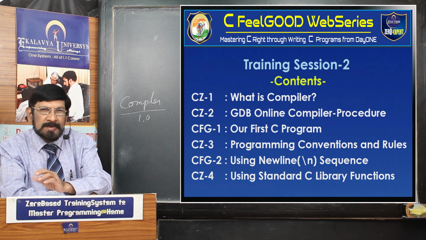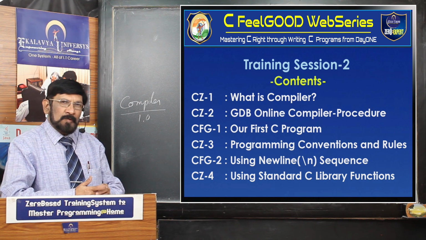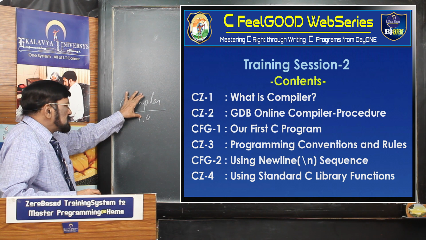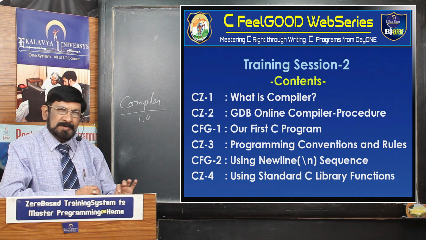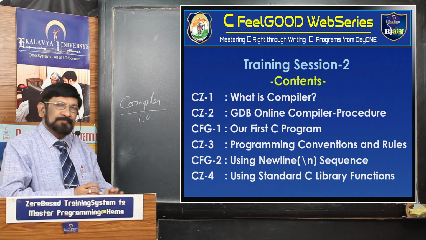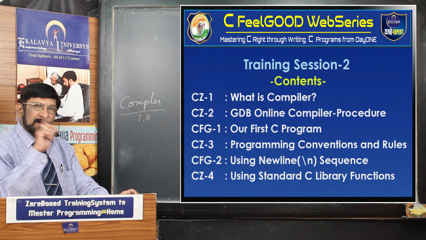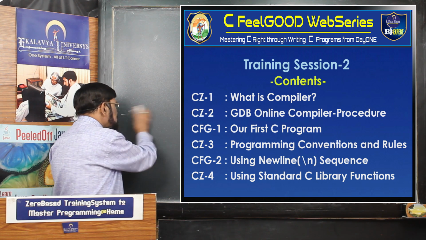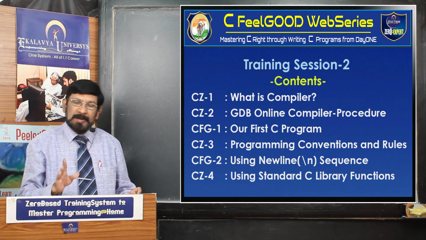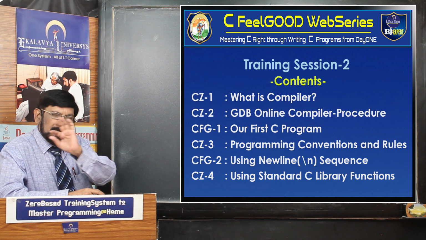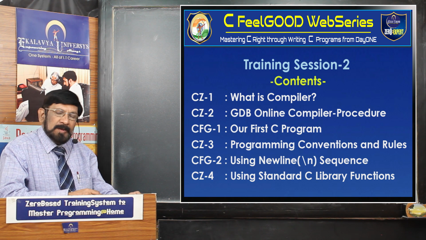If you speak in Hindi, I cannot understand. Then what is required? Here, computer's language is binary, using ones and zeros. We are using almost English language, digits and symbols. That's why one translator is required. That translator software only is called compiler, and in the concept I explain in detail. Don't worry about it, just have a small idea. That is concept zone 1.